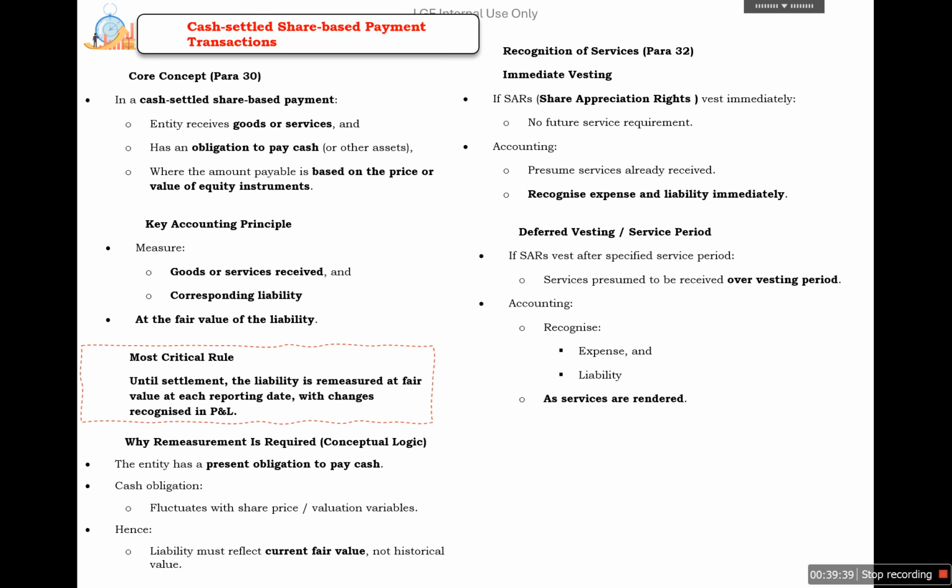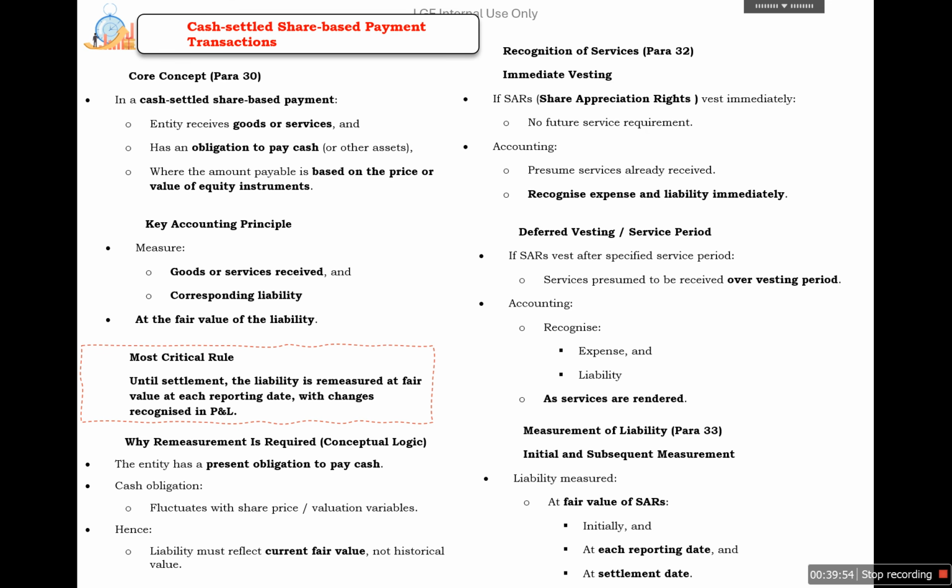And in case of a deferred vesting service period, if SARs vest after the specified period, the service is presumed to be received over the vesting period, and accordingly we need to recognize expense and liability as the services are rendered. The liability is measured at fair value initially, and at each reporting date we need to remeasure it till the settlement date.